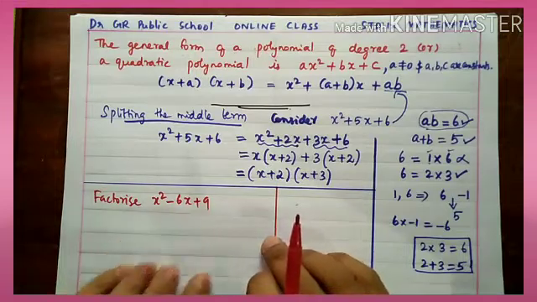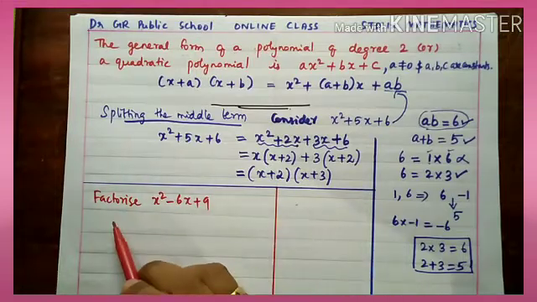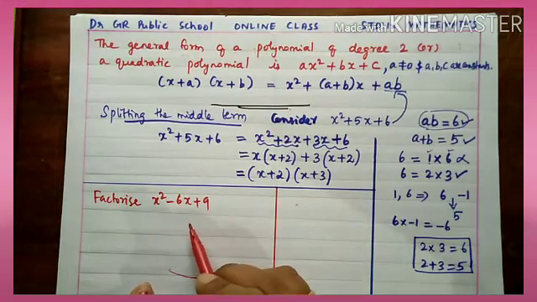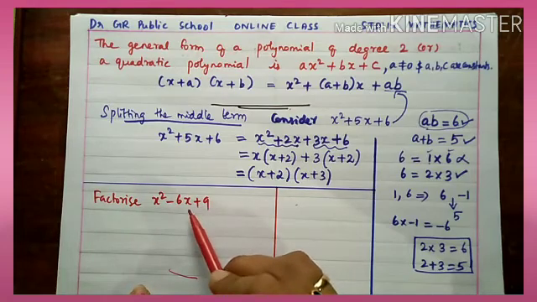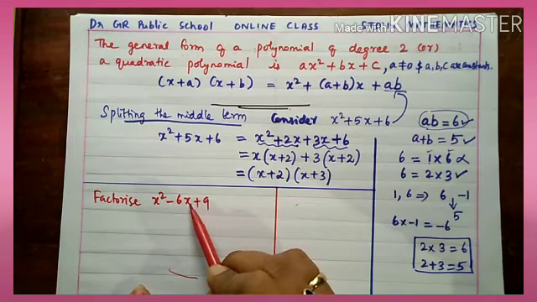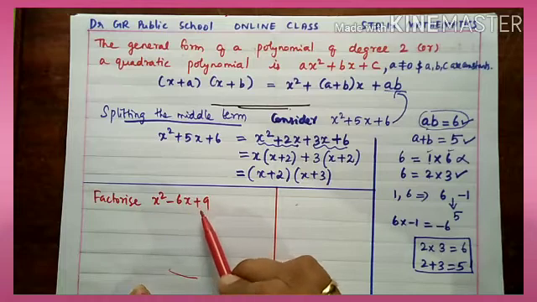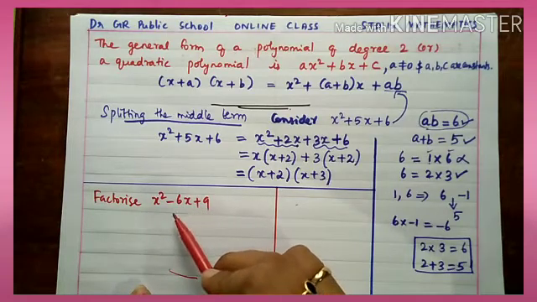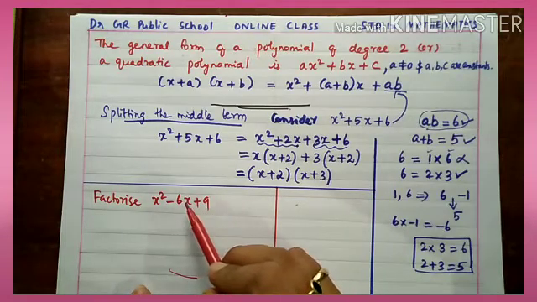Now you see children, I wrote one more example: factorize x square minus 6x plus 9. Okay, so when we are doing the splitting the middle term method, how can we factorize this given polynomial?